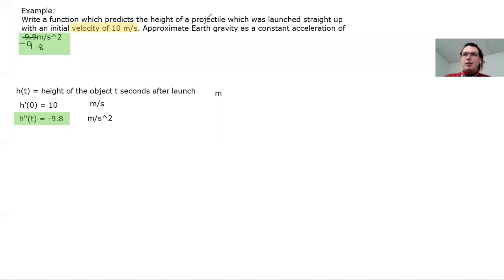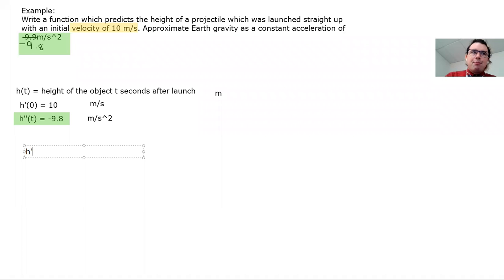So using these theoretical ideas I had from yesterday, if my second derivative is a constant, what kind of function can have a constant as its derivative? Only a linear function can have a constant as its derivative.